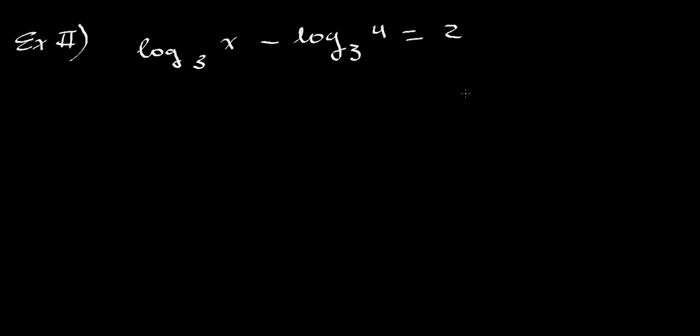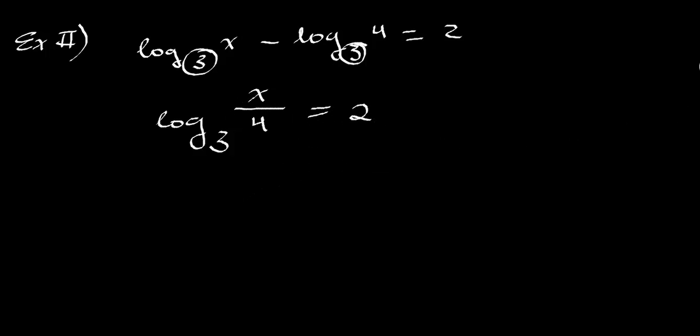Okay? Now we have two log pieces here. We want to change it into one log. Now, if you know your quotient property, because you're subtracting and we have the same base, we can put it under a ratio, under a fraction. That's one of the properties. This thing over this thing.